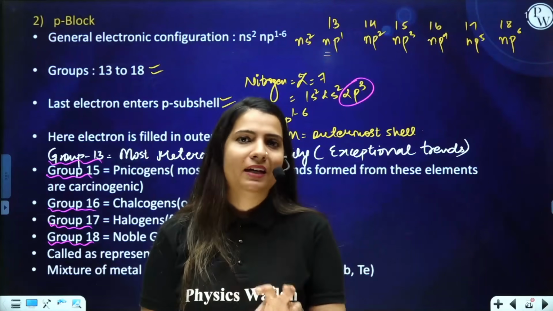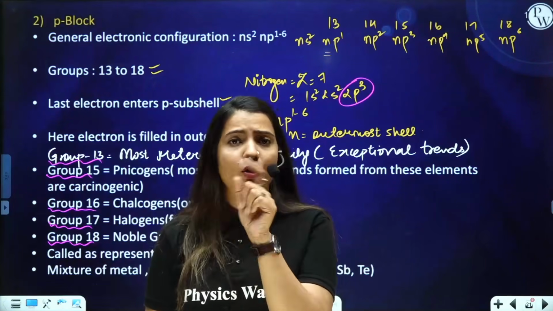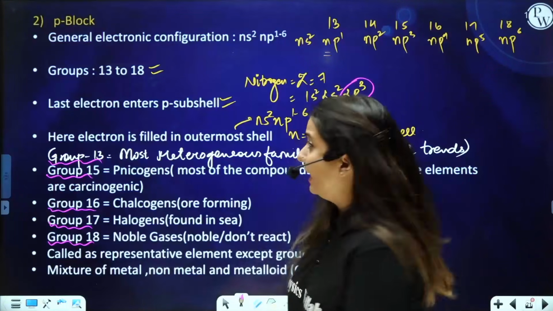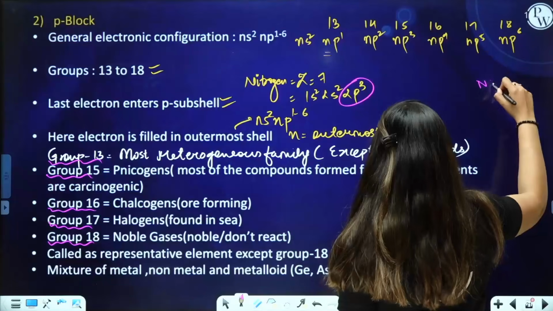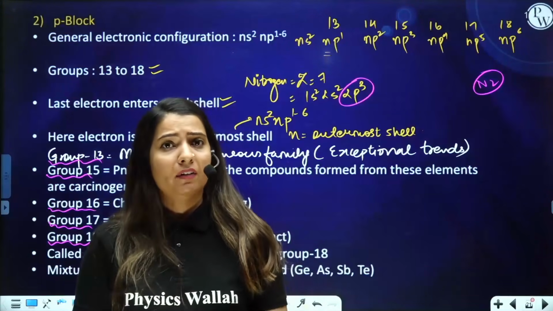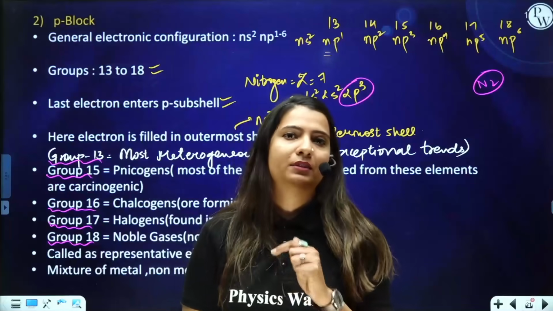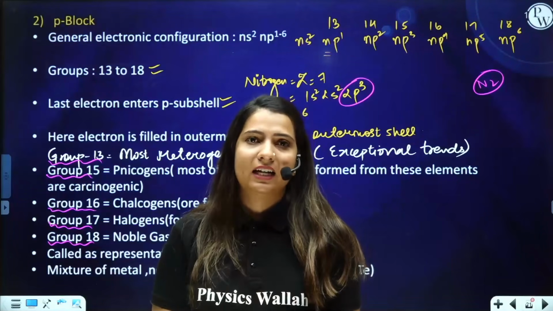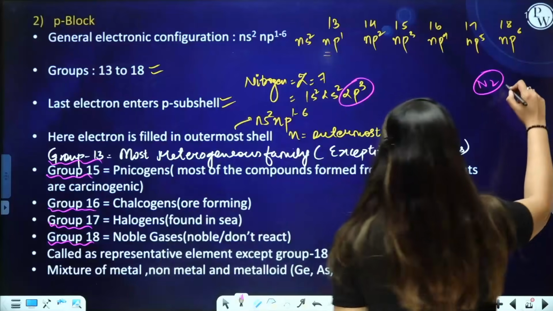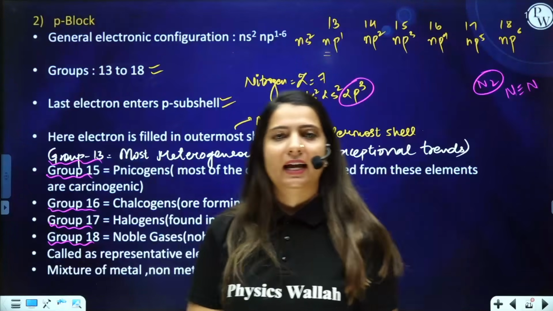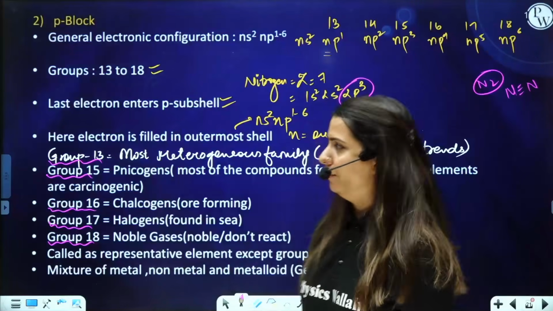So noble is the correct word for group 18 as compared to inert. For example, the dinitrogen gas N2 is considered inert at room temperature, but when you increase the temperature, it becomes reactive. At room temperature it does not want to react because of the very high bond dissociation enthalpy of the N triple bond N.